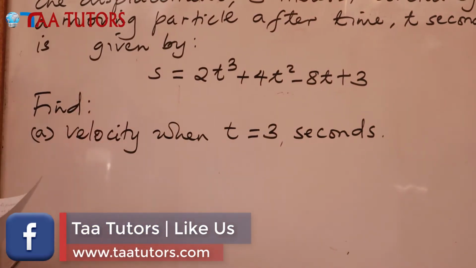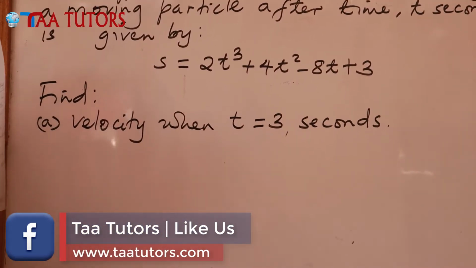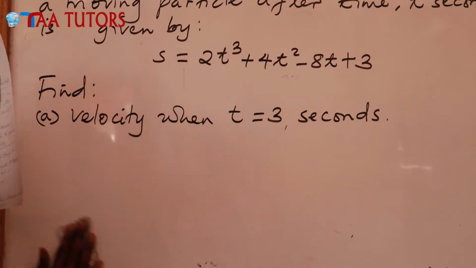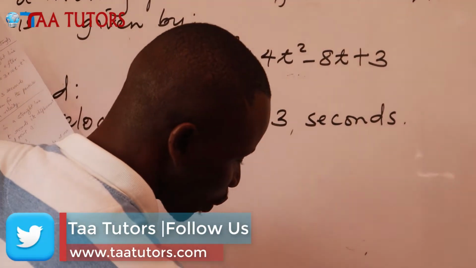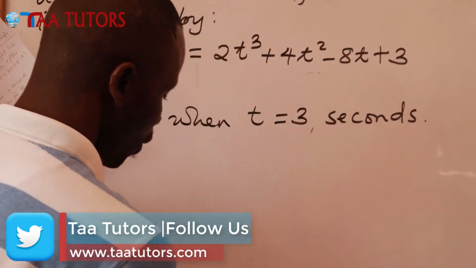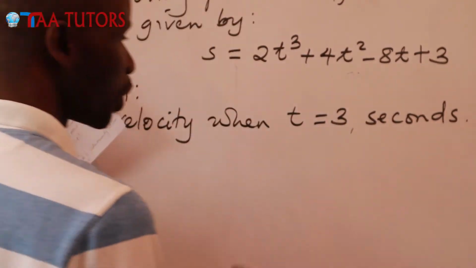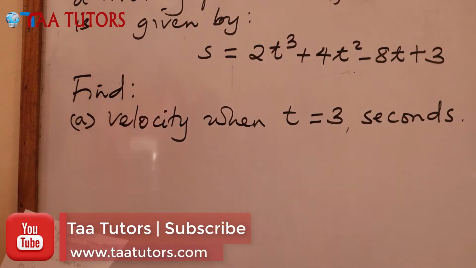So we want to know the velocity of this particle at t equals 3 seconds. We don't care about before, maybe when t was 1 or 2, we just want to know at t equals 3, what is the velocity.